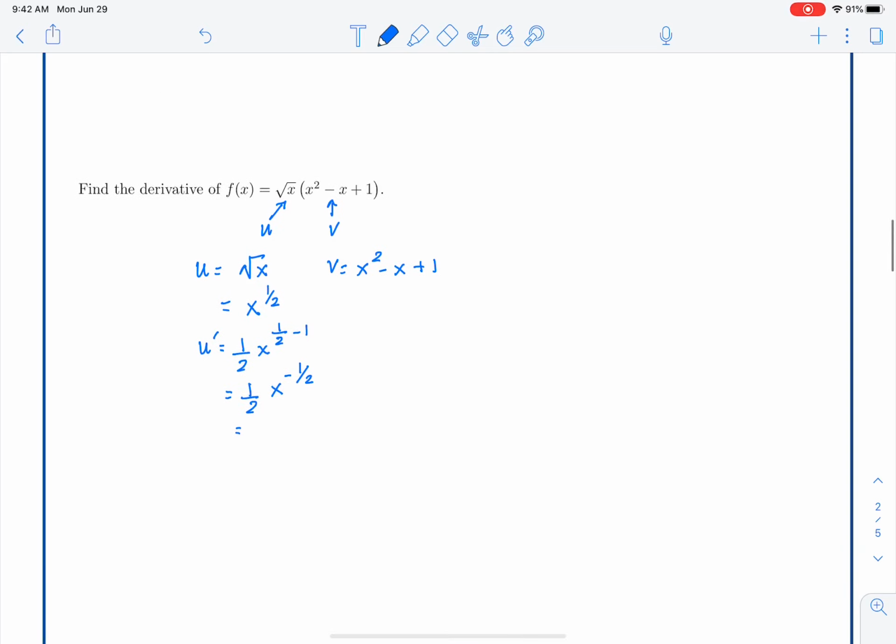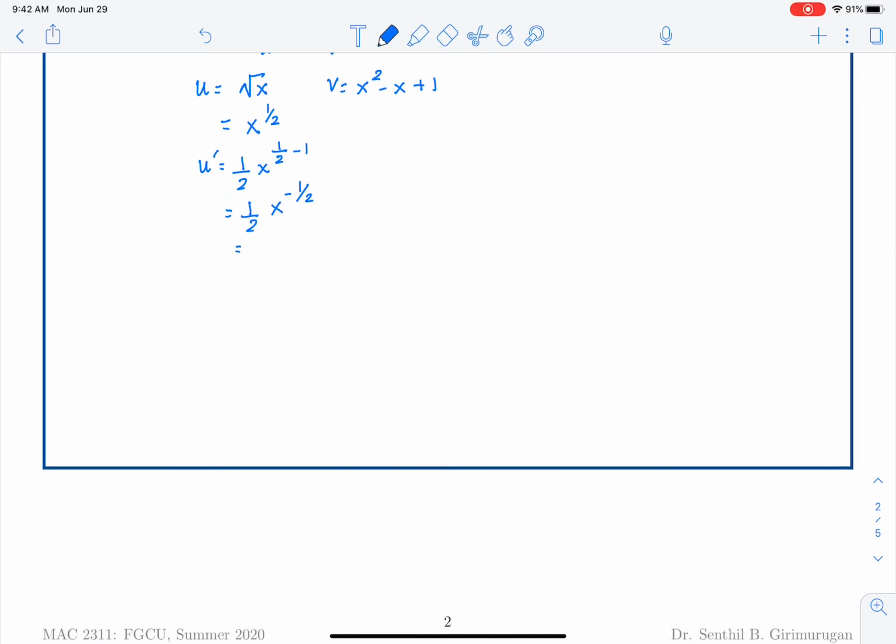We can move that x raised negative 1 over 2 to the denominator. It would become x raised positive 1 over 2, and I could write that as 1 over 2 times root x. V prime is the derivative of x squared, which is 2x. Derivative of negative x is negative 1. Derivative of 1 is 0.